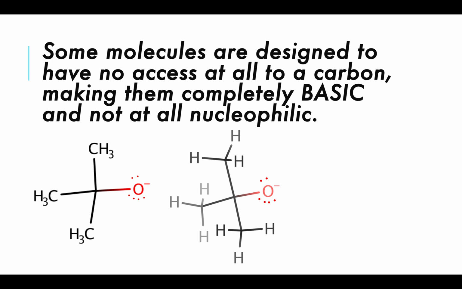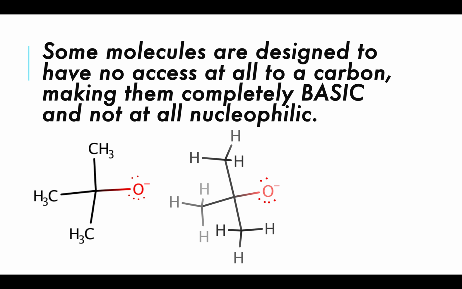Now, there are some molecules that are completely basic and not at all nucleophilic. Because again, what does it mean to be nucleophilic? It means that you're something negative and you can attack a positive carbon. Now, take for example tert-butoxide. Tert-butoxide is the deprotonated alcohol form of tert-butanol.